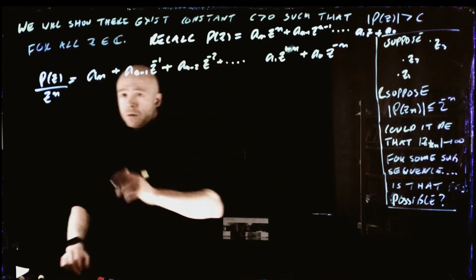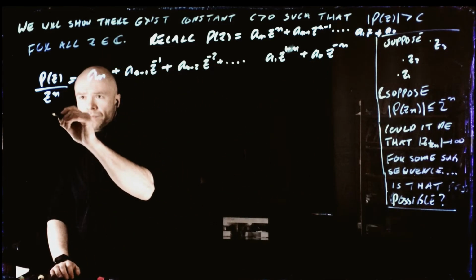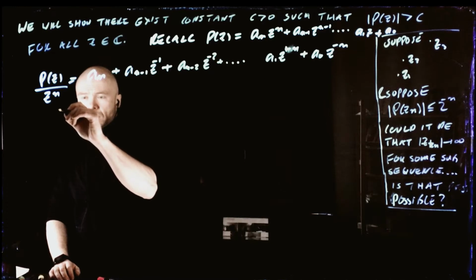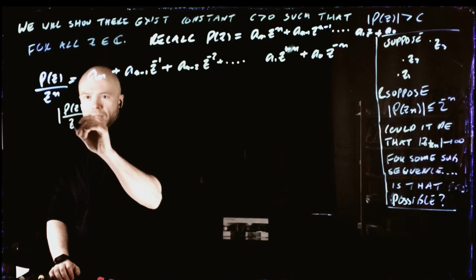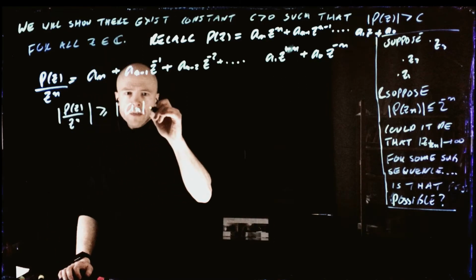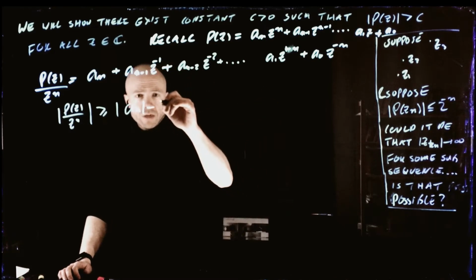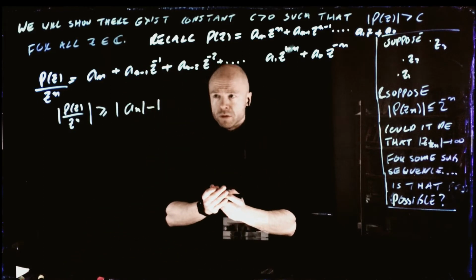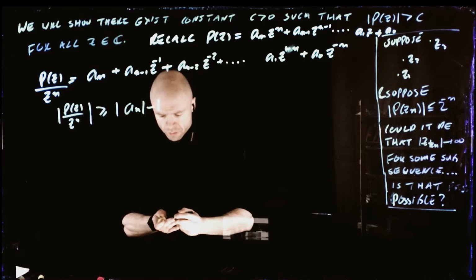So in particular, the absolute value of p of z over z to the n is bigger than or equal to the absolute value of a n minus the absolute value of all of this stuff here. I'm not going to rewrite all of it. I'm just going to put it in a box.